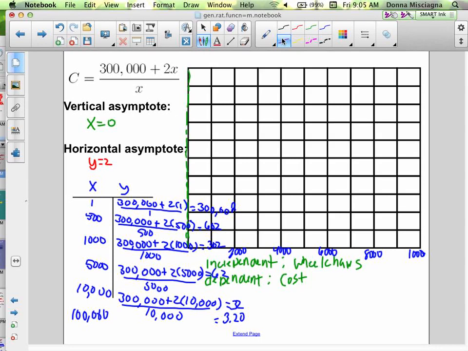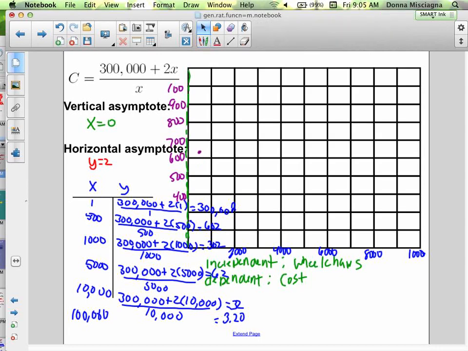All right, so that'd be 100, 200, 300, 400, 500, 600, 700, 800, 900, 1,000. If we're going to make just 500 wheelchairs, we'll be right here. It's going to cost us over $600 per wheelchair, just a little bit more than 600.